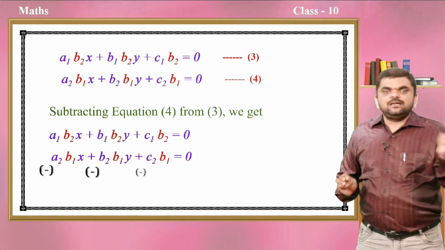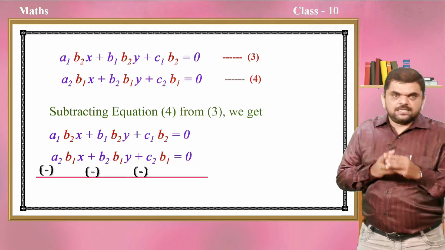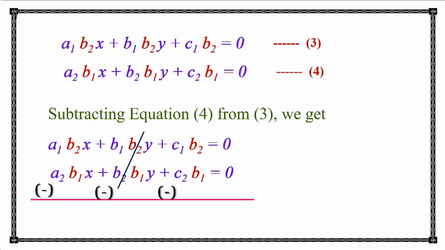While subtracting, the signs of the second equation automatically change. Now b1b2y and b2b1y get cancelled, and the answer is 0. Now a1b2x minus b1a2x plus constant c1b2 minus c2b1 is equal to 0.